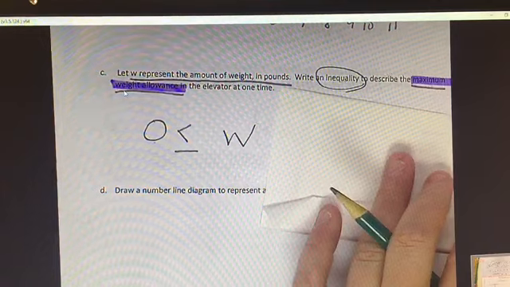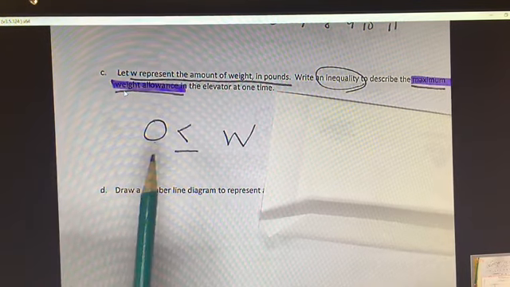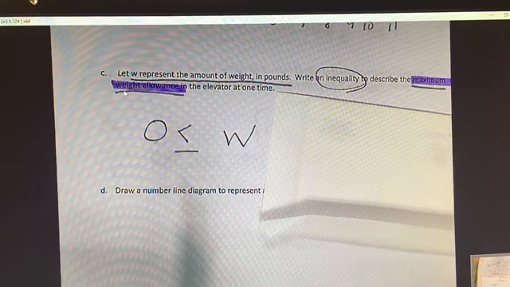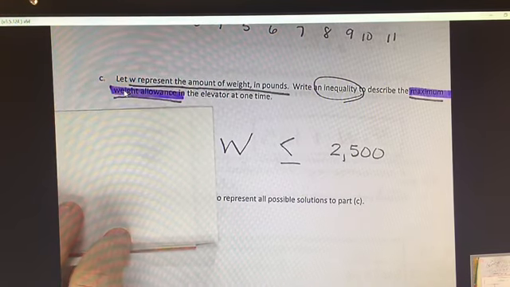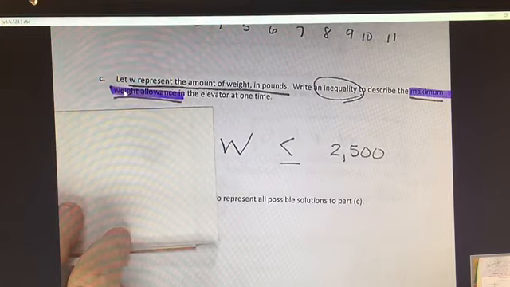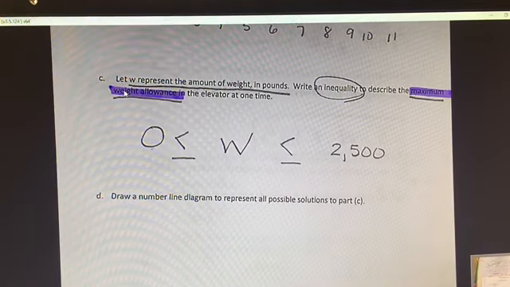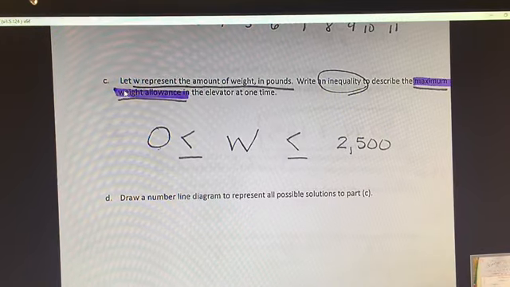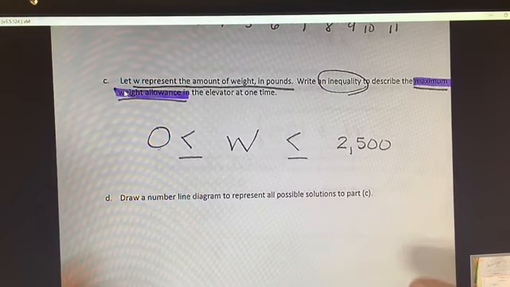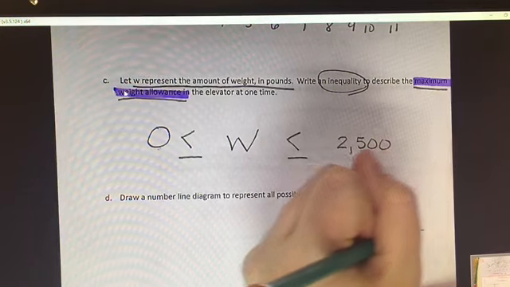Okay, so again, the weight is going to be greater than or equal to 0. Okay, and then less than or equal to 2,500. Okay. All right, and then we want to draw a number line to represent all of the possible solutions in part C.